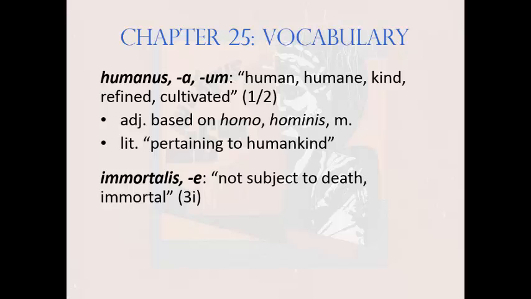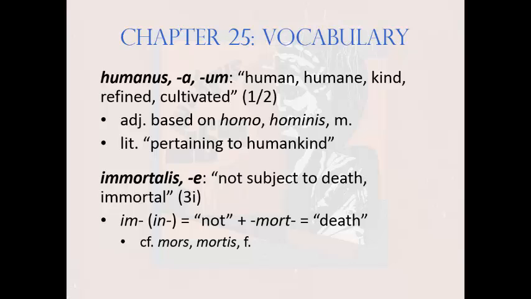It's third declension, so it must be I-stem. It's a combination of the prefix in, here in its assimilated form im, meaning not, and the base mort, meaning death, a base we've already encountered in the noun mors, mortis.